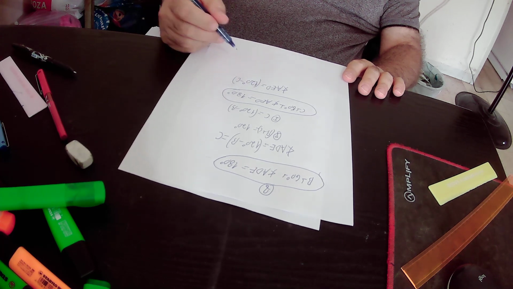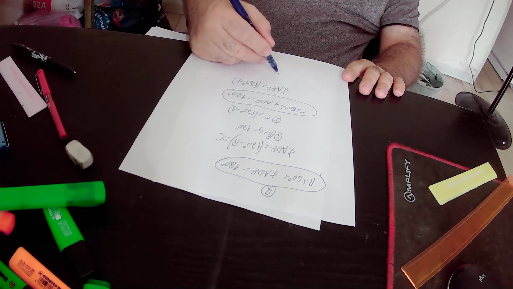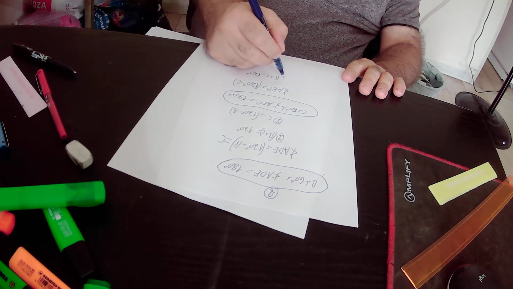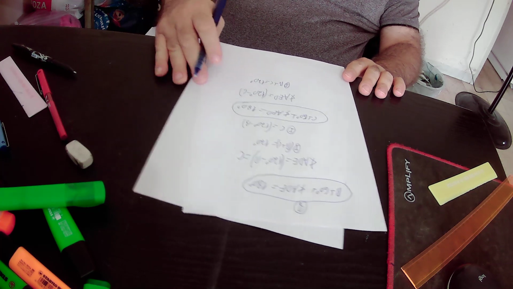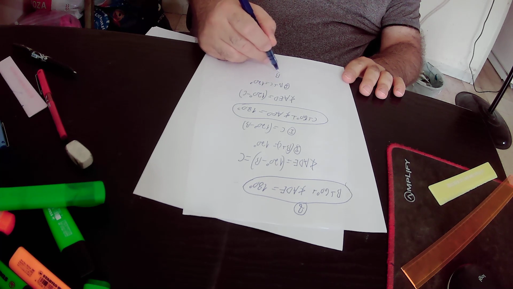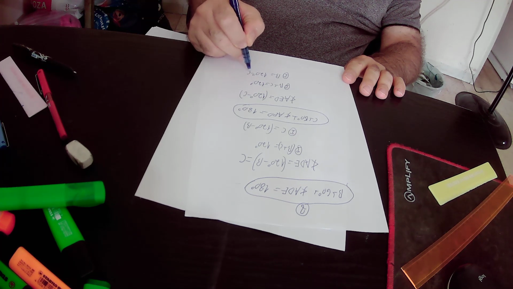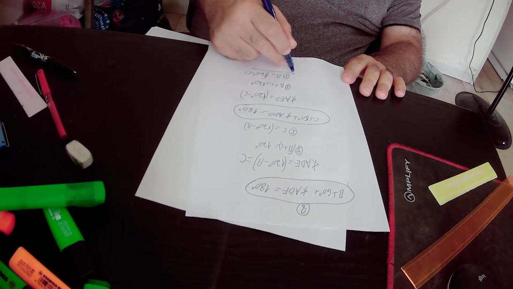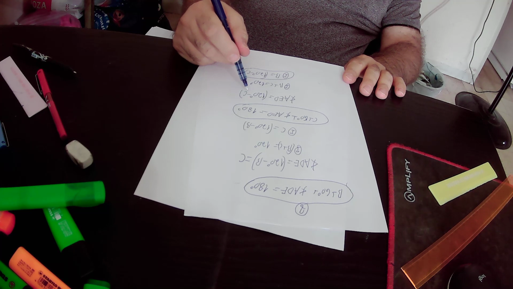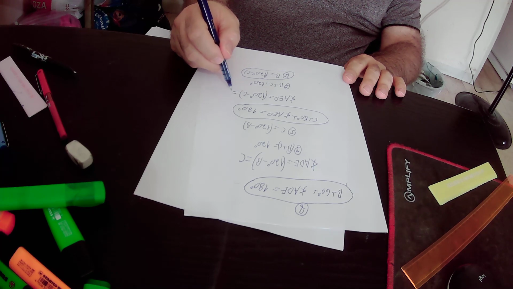And again, we have equation number 1 that states that B plus C equals 120 degrees. So if we subtract C from equation number 1, we will get that B equals 120 degrees minus C. So we found out that 120 degrees minus C equals B, according to equation number 1.